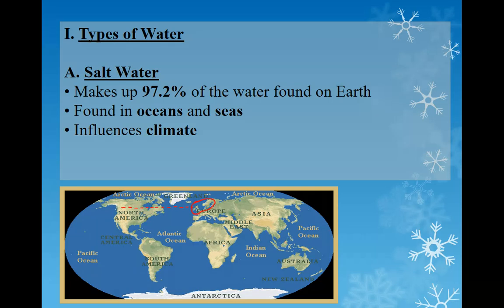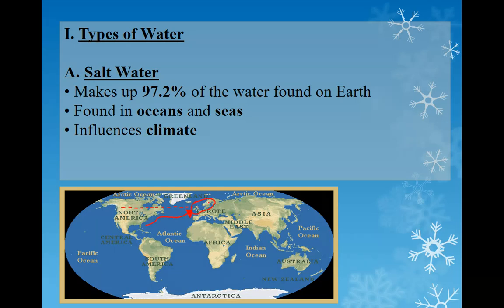Now, it turns out that the climate in Europe in this area is actually a lot milder. It's a lot warmer in comparison to a similar location in North America. The reason is that there is some ocean water that starts somewhere off the east coast of North America, and basically this warm water makes its way all over to the west side of Europe.